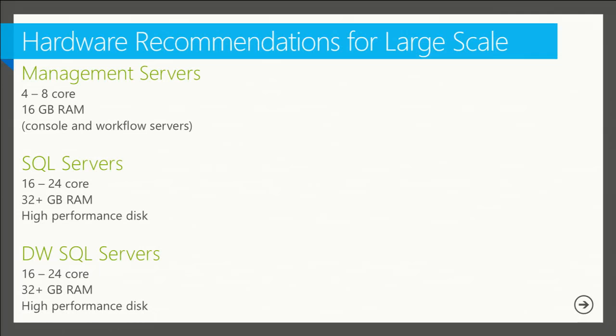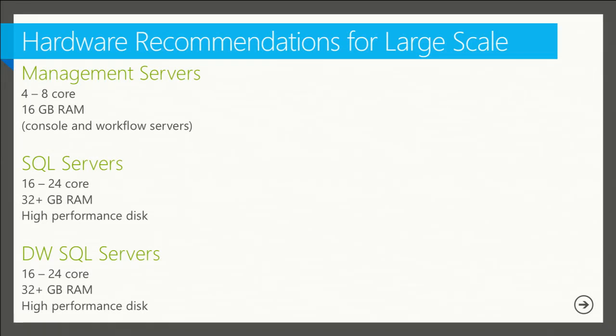So if I go from 8 gigabyte of RAM to 16 gigabyte of RAM, or 16 to 32, it tends not to affect very much, but I do tend to be able to utilize my CPUs. So when you're looking at your management server performance, it tends to be more CPU bound than it is RAM bound. It also doesn't tend to have a lot of impact on disk, so that can sit on a kind of generic disk set that you happen to have.